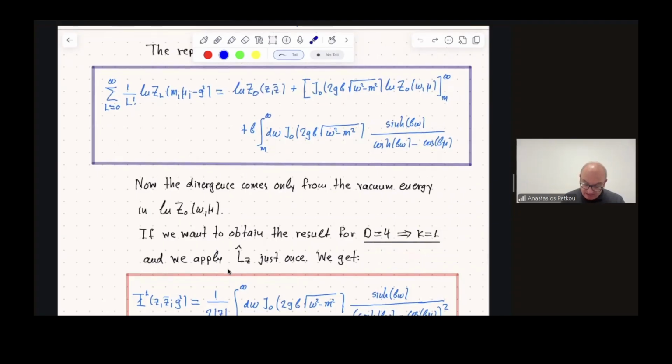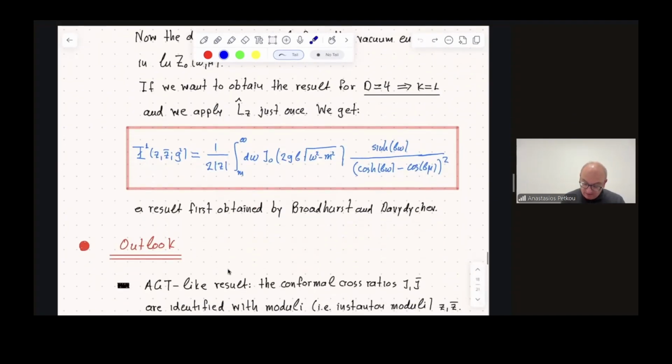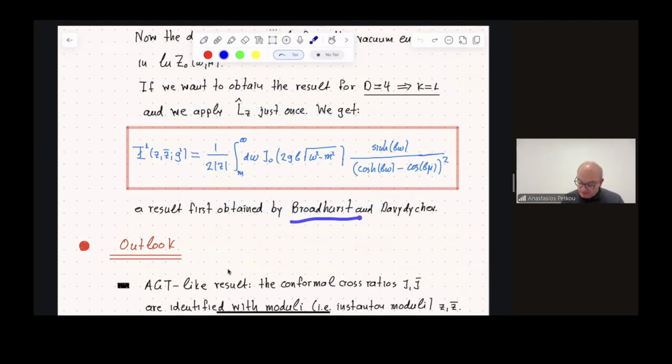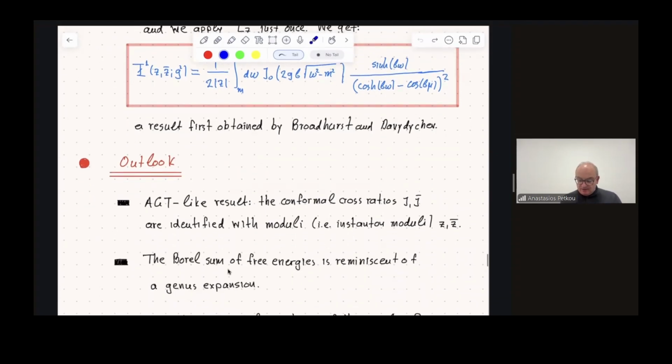I just apply LZ here. It's not difficult, and I get the result. And this is a famous result that was obtained by Broadhurst and Davydychev many years ago, and it is used recently in many calculations of N equals 4 super Yang-Mills, etc., etc. You can see that this can be generalized.